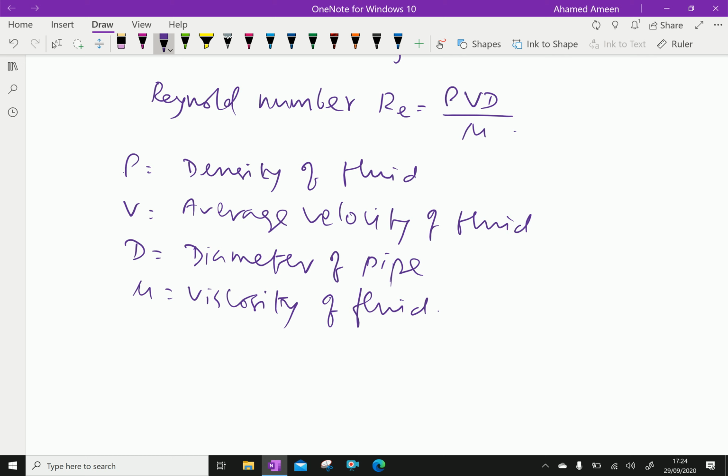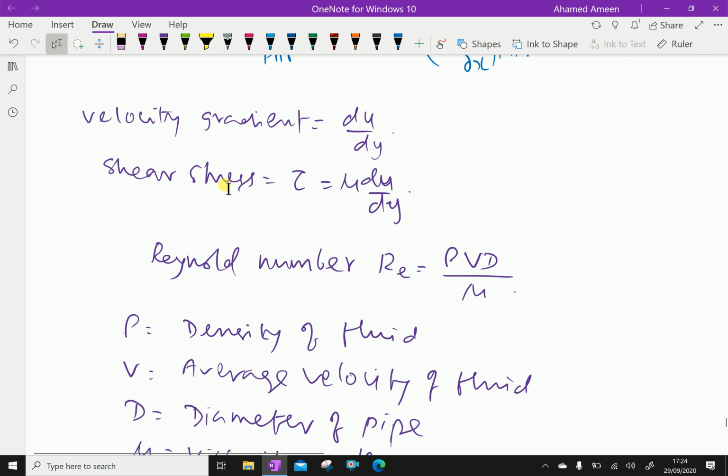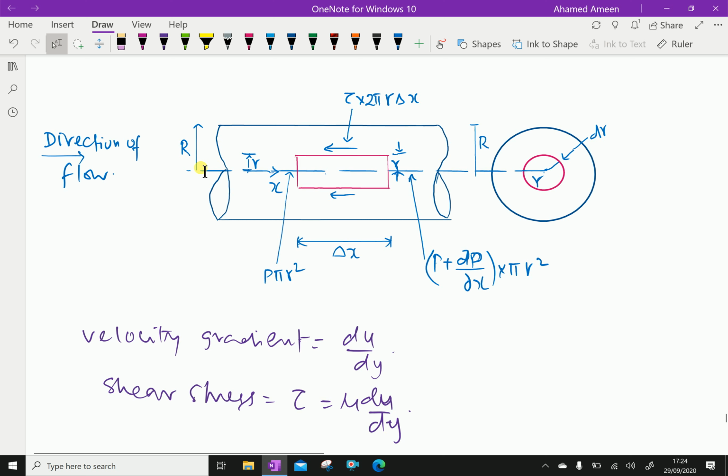Look at this figure. Here, viscous fluid is flowing through the pipe in this direction. Here R equals the radius of the pipe.